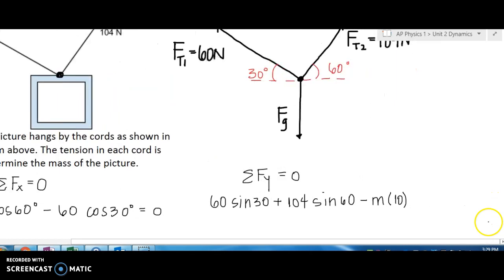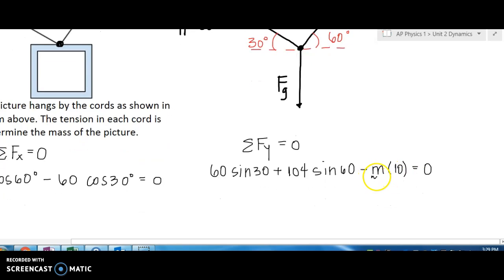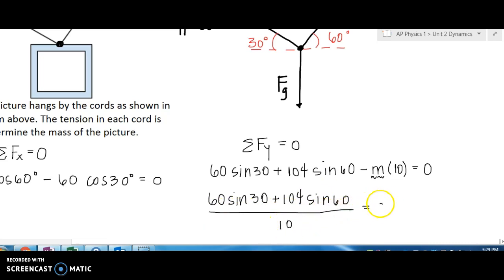And if I'm just doing a problem on paper, then I can use g is 10, but all those forces sum up to be 0. Now, if I'm looking for the mass of the object, it's buried right here, so I want to solve for that. So if you take 60 sine 30 plus 104 sine 60, divide that by 10, and it should be equal to your mass. Do you get about 12 kilograms?